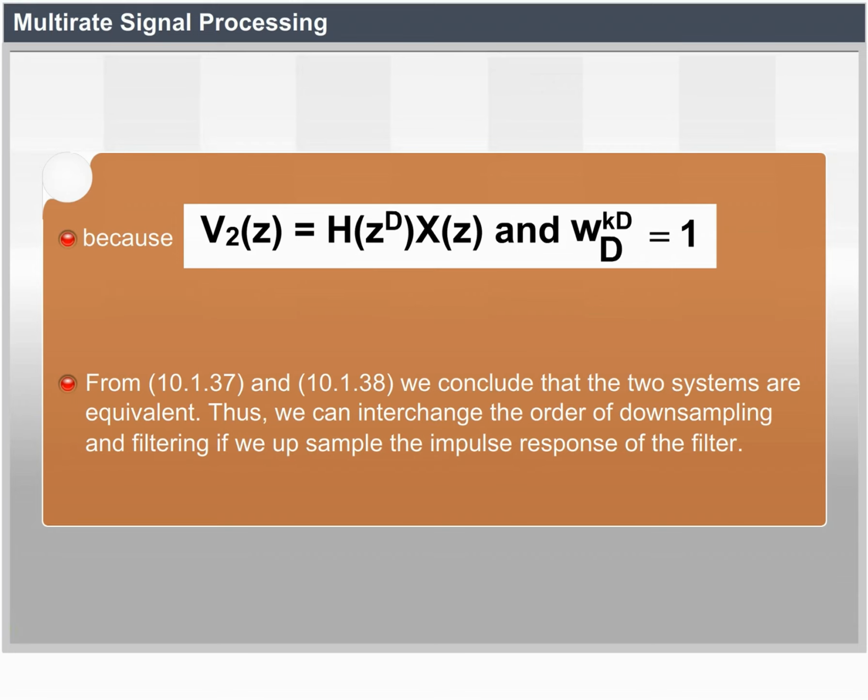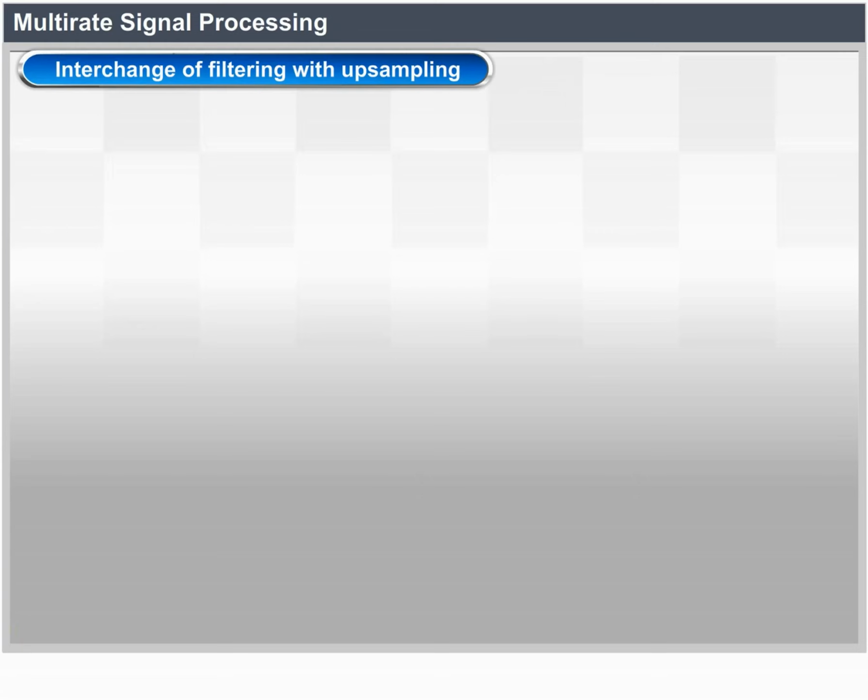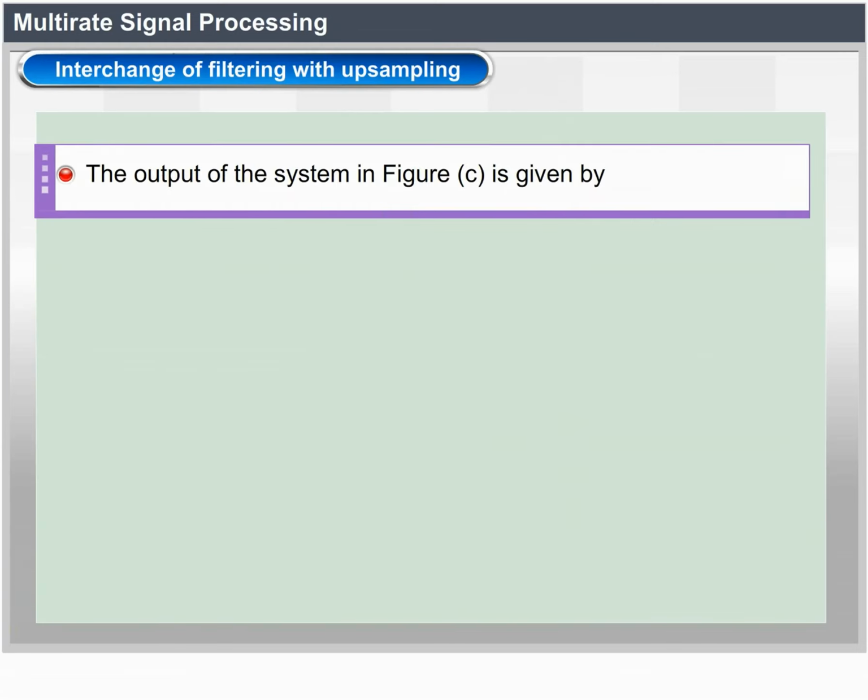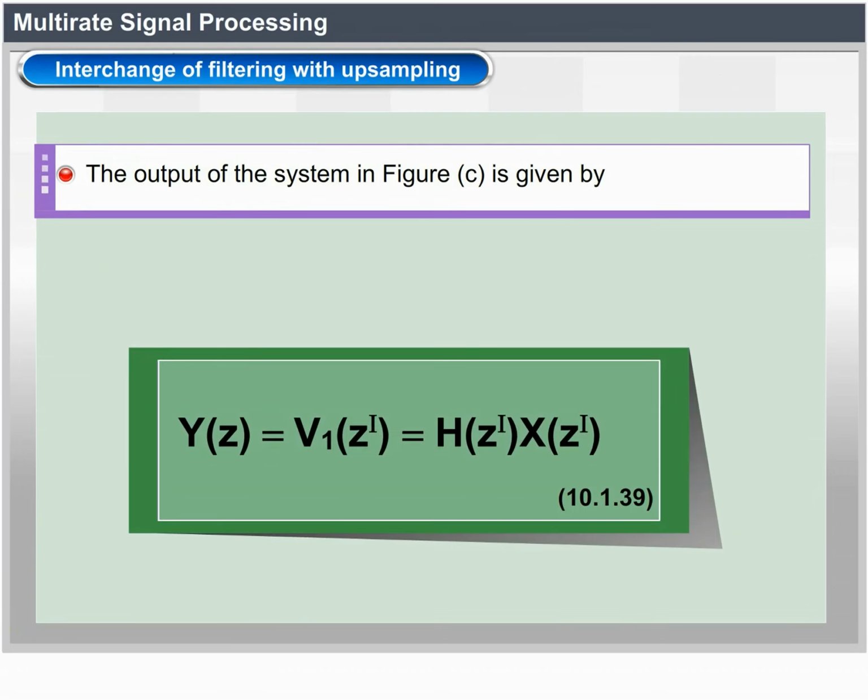Interchange of filtering with upsampling. The output of the system in figure C is given by Y(z) = V1(z^I) = H(z^I) X(z^I), called equation 10.1.39.